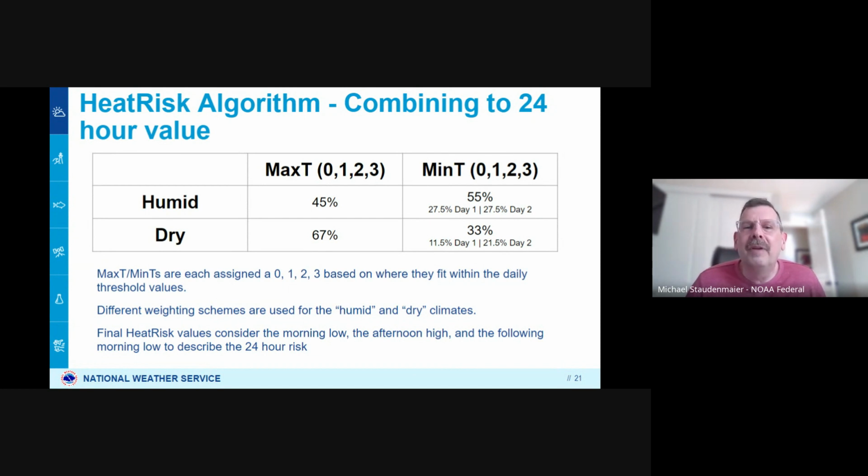Therefore, the contribution for the maximum temperature gets the greater weight, in this case, 67% of the overall 24-hour value. The minimum temperature provides the other 33%. We apply a bit more logic to fine-tune that final 24-hour value, especially out east, to again better account for humidity, and then we round it off, and the integer value is the final result.